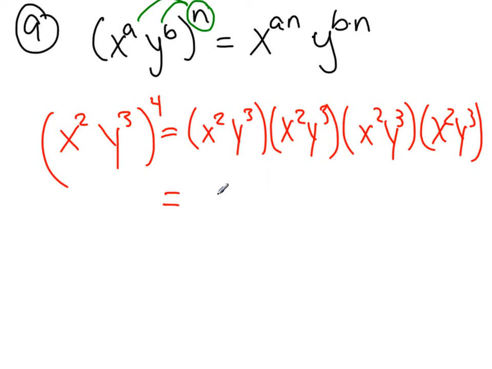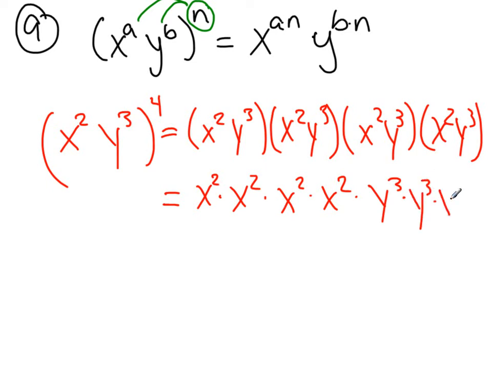In order for us to combine anything, they have to have the same base. I'm going to write all my x's in the front, since they're all being multiplied together, and we'll write all our y's together. And be patient, I picked a pretty big number. So there we are.